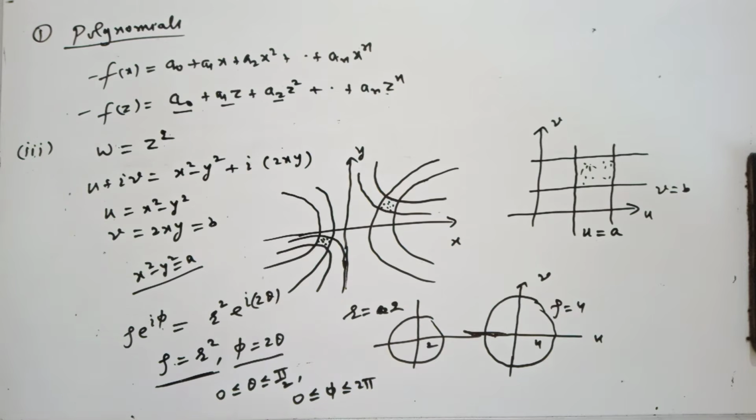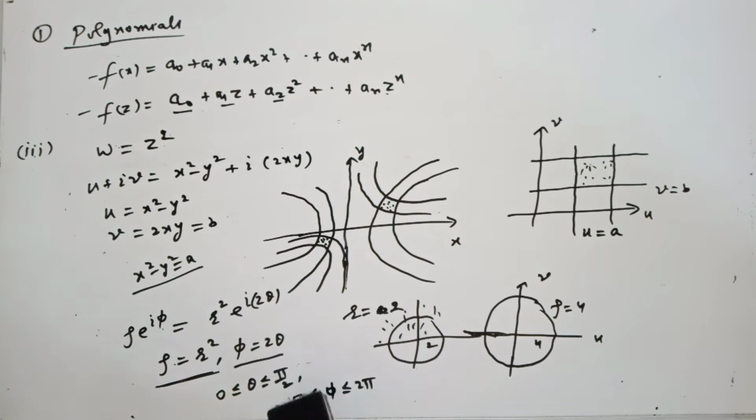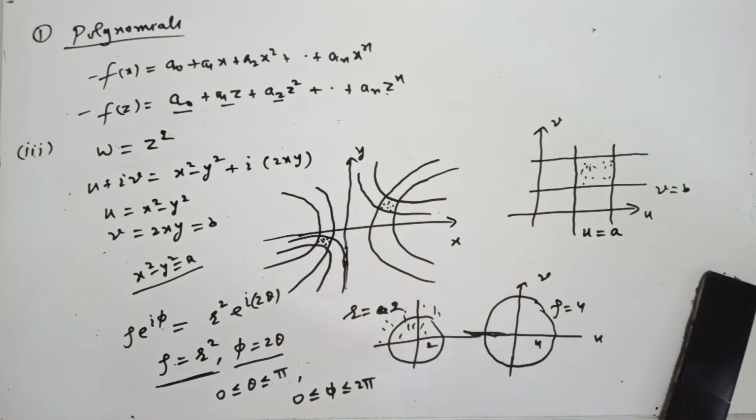But what is 0 to pi in the xy plane? It is the xy plane above the x-axis, this part. The half plane above the x-axis is represented by 0 to pi.